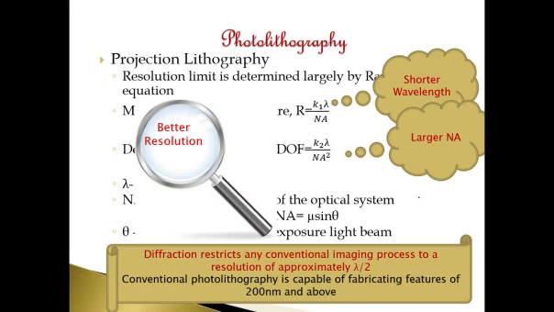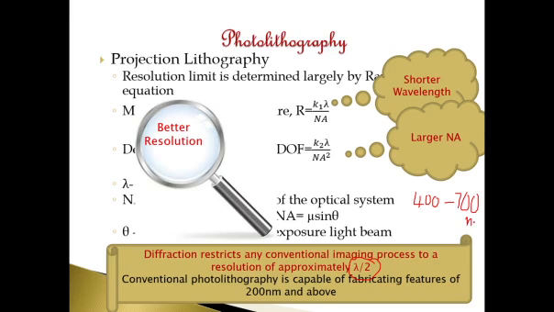In photolithography, you have to remember that whatever wavelength is used, half of it will be the resolution, the minimum size that could be obtained. For visible light, the wavelength is in the range 400 to 700 nanometer.